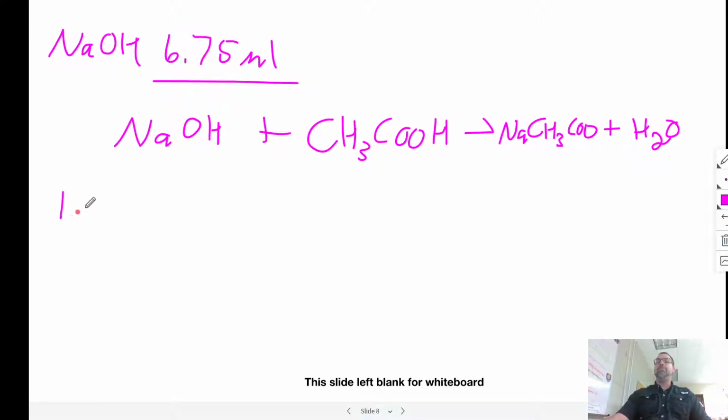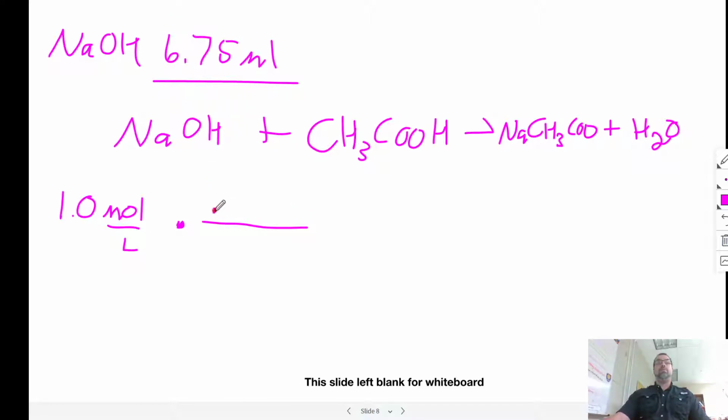So what we'll do is we're going to go ahead and find our concentration for sodium hydroxide. And I know for certain that sodium hydroxide, we use 1.0 molar, okay? And remember that molar is moles over liter, okay? Here we have milliliters. And what we're going to do is we're going to turn that milliliters into liters so that we can get rid of this liter, so that we can get our number of moles, okay? So that means that we're going to go ahead and go from here.